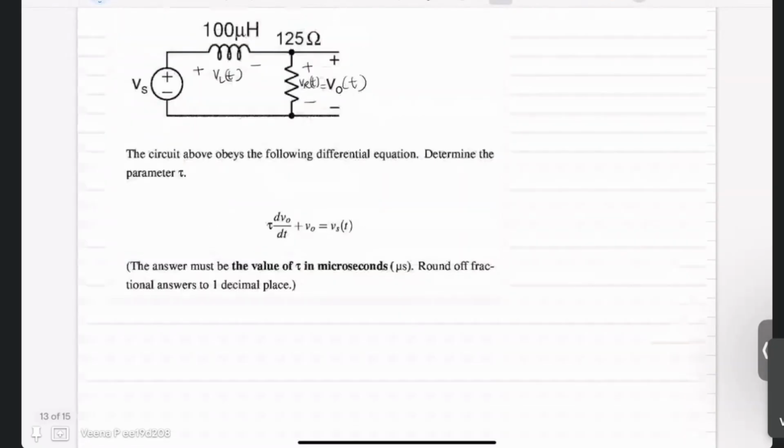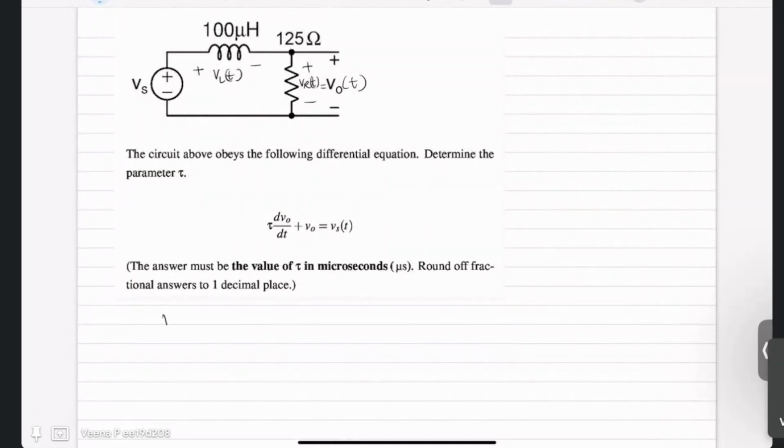So if you write Kirchhoff's voltage law, the KVL equation, in this given mesh, you will get your supply Vs of t is nothing but VL of t plus V naught of t. Now your VL of t is the voltage across your inductor, which is L di by dt, where I is the current in the given direction. I repeat, the current entering point will have positive polarity.